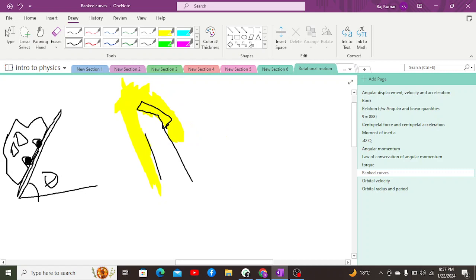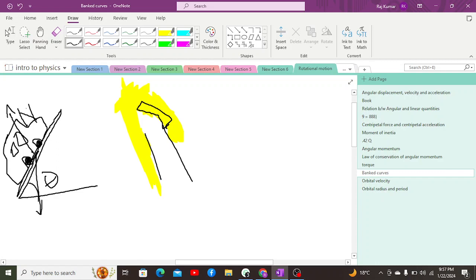At that moment, the weight of the car is directed downward, while the normal force, which is applied by the road in reaction to the weight of the car, is represented by N. According to the third law of motion, as the car applies a force over the road, the road applies a force over it in return.